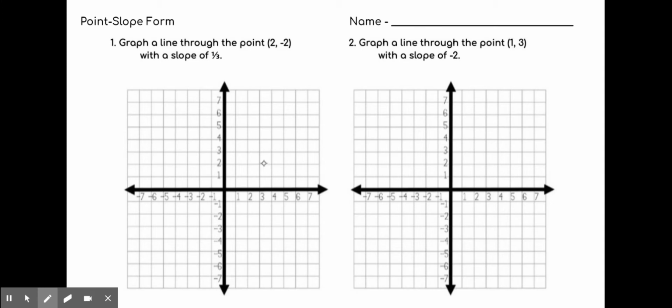Let's first start by graphing some things given a point on a line and its slope. If I want to graph a line through the point 2, -2 with a slope of 1/3, the first thing I would need to do is plot the point 2, -2, and then use the slope to find more points.